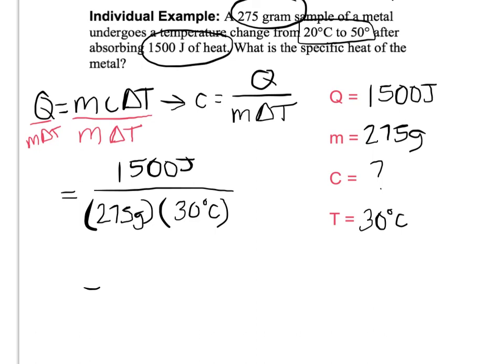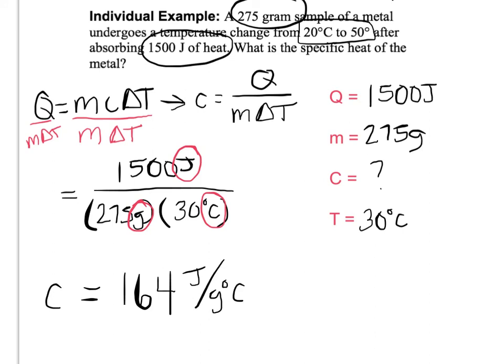So I get for C 164 after rounding, and then my unit, I just look up here, is joules divided by grams times degrees Celsius, which I can check my notes is the unit for specific heat. So that checks out.